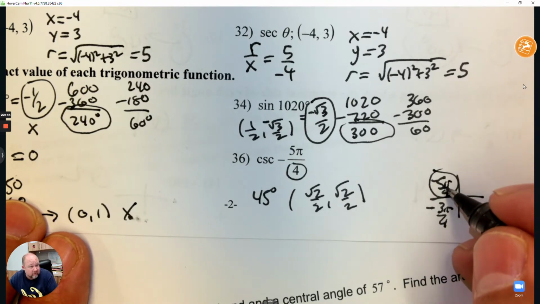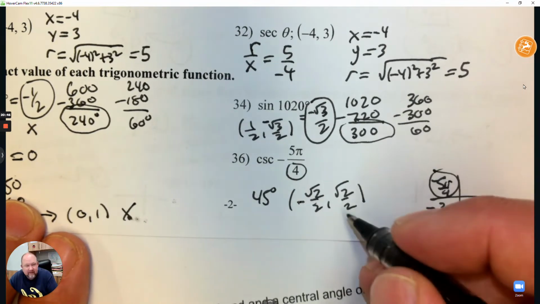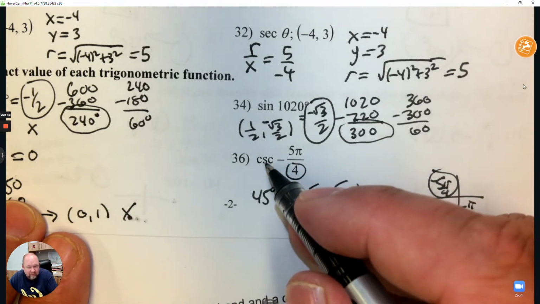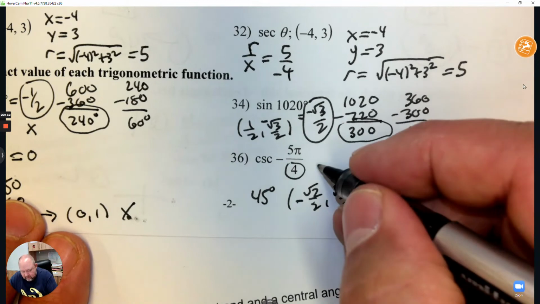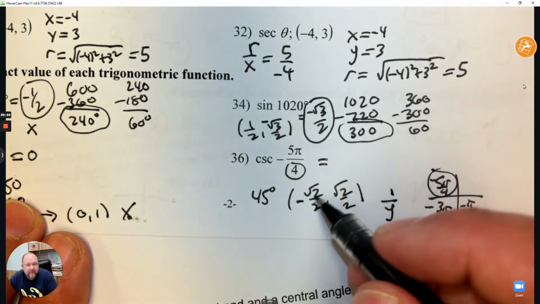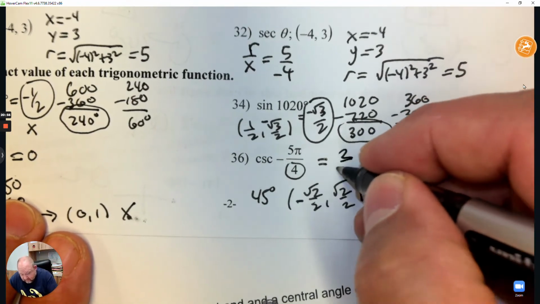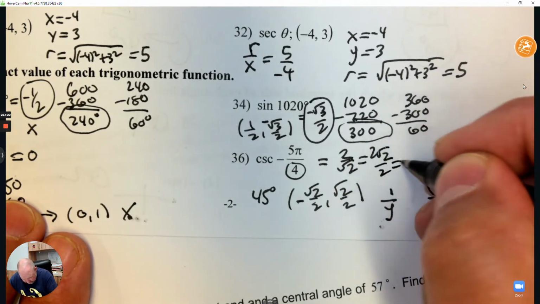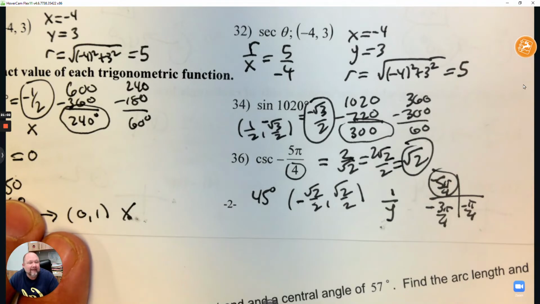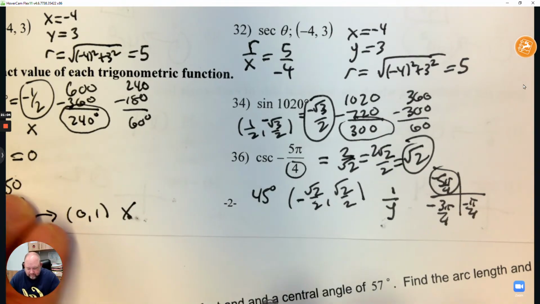We're in quadrant number 2. That means x is negative, y is positive. Cosecant's partner is sine. So you take the y-coordinate and you flip it. So the y-coordinate is positive, and then if you multiply by root 2, you get 2 root 2 over 2. The 2's crossed out, and you have your answer, root 2.